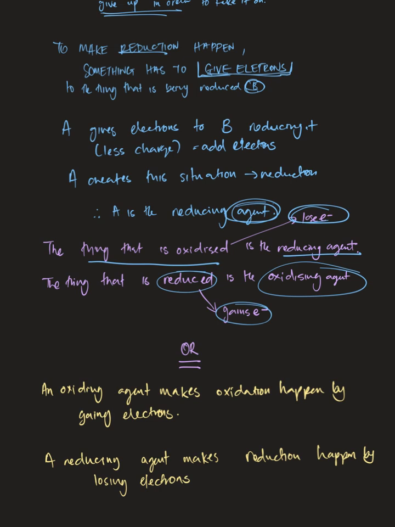Or we can say that the oxidizing agent makes oxidation happen by gaining electrons, and the reducing agent makes reduction happen by losing electrons. So these are the four different ways that you can use.